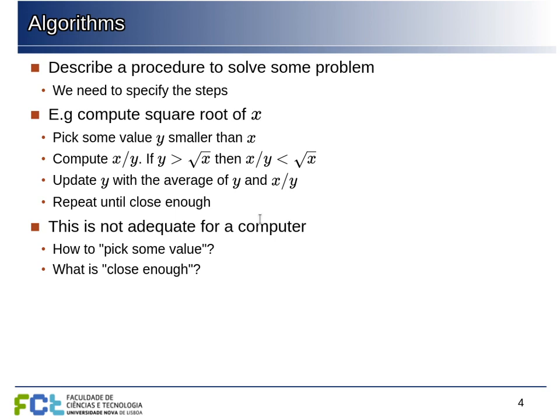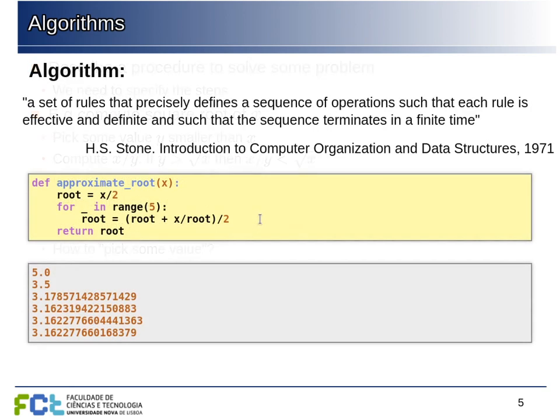The computer cannot understand what we want, cannot think about things, cannot decide, so we cannot leave anything in our specification of the procedure that requires understanding, decision, thought. So the idea is that an algorithm is a set of steps, a set of rules that define these operations precisely so that they are effective and definite.